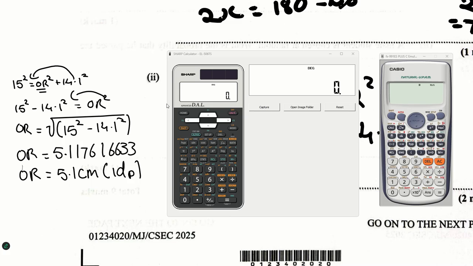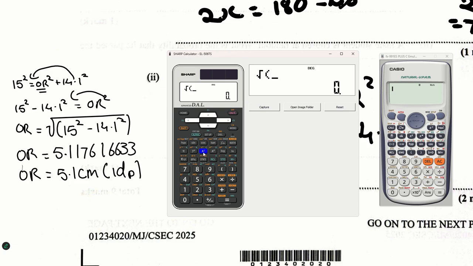Okay, so very quickly, how would you do this in the calculator? You're looking for square root. It's above x squared in yellow. So in your Sharp calculator, second function, you're looking for square root. Square root is in yellow above. So second function is how you access the stuff in yellow, right?